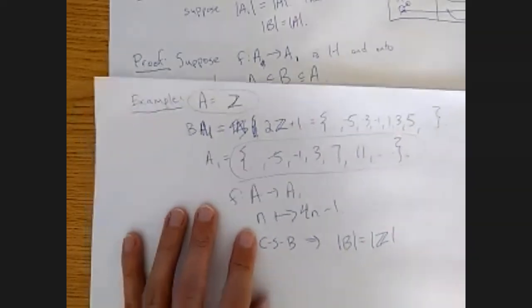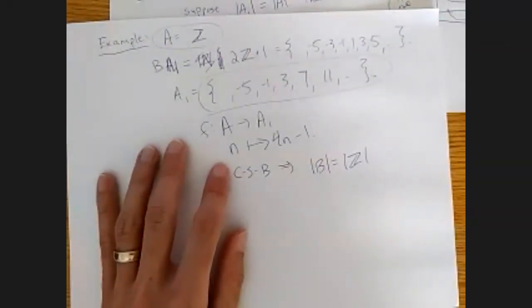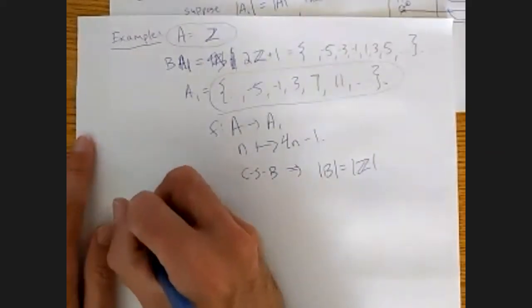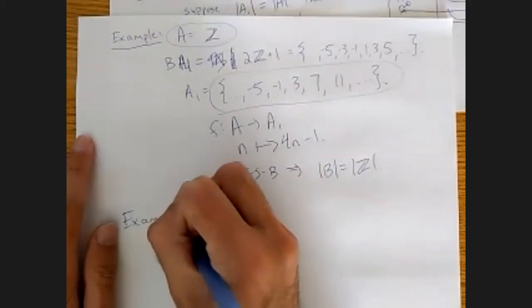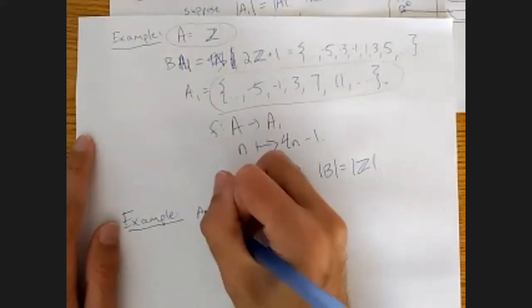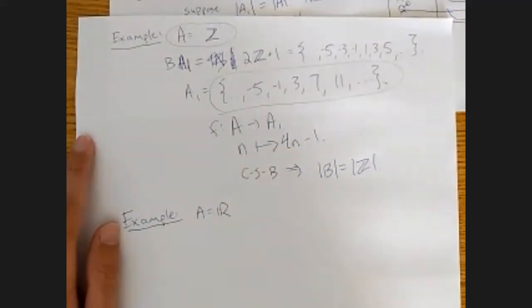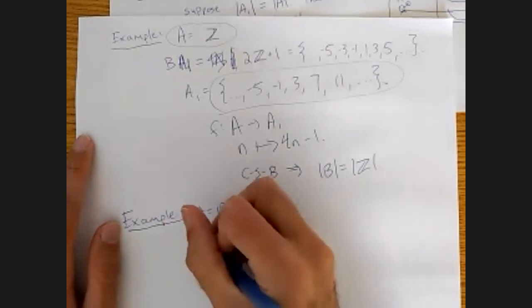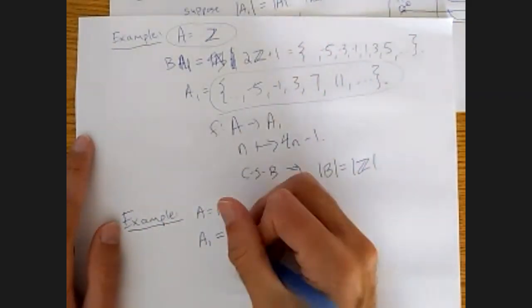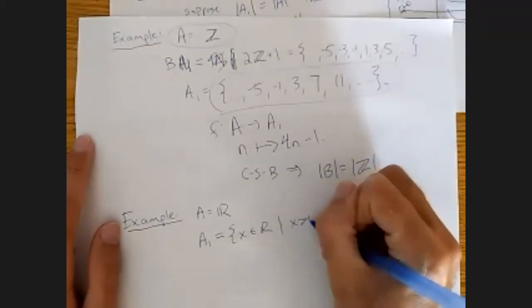Okay. And I actually want to tell you another example. A might be the real numbers. A1, so I'm going to use the exponential set of real numbers, which are positive.